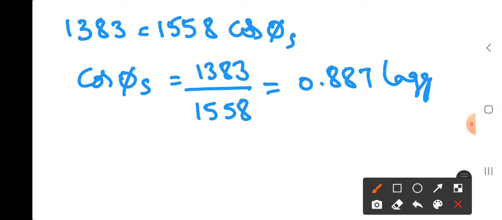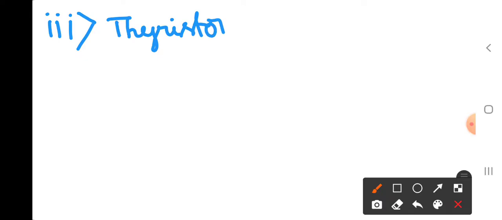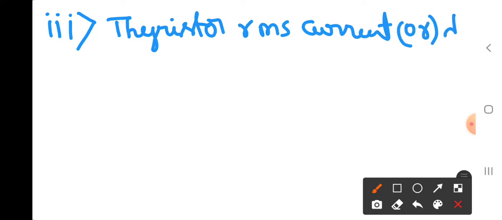Similarly, what about the thyristor RMS current? Thyristor RMS current or diode RMS current, both are the same.